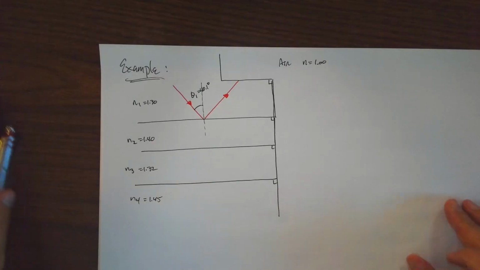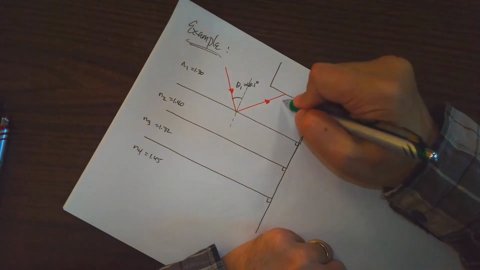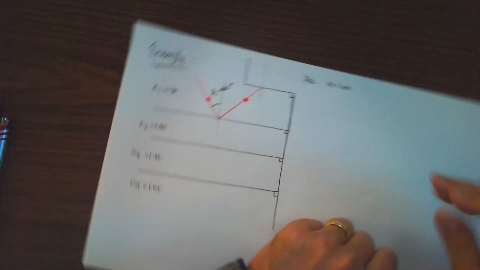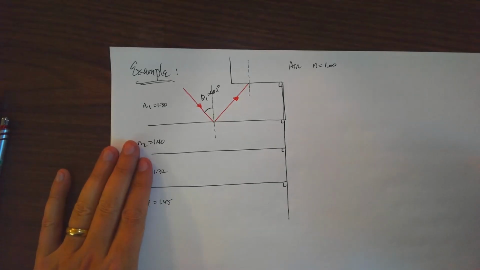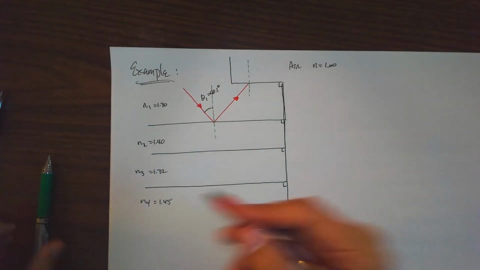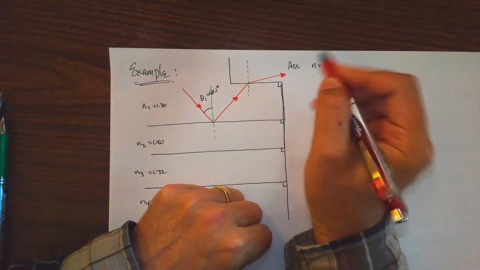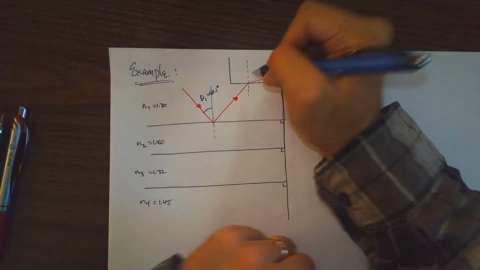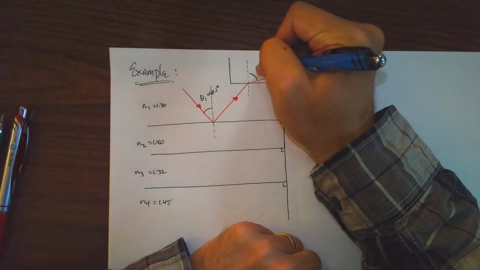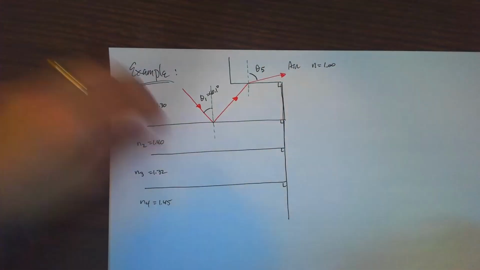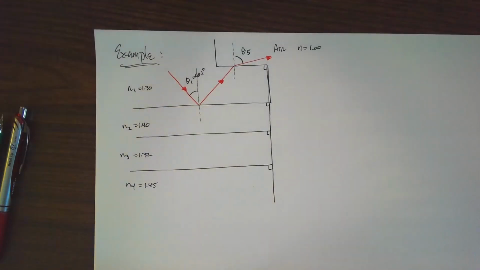Then it's going to hit that boundary with the air. Going to refract like this, and mark this one as theta 5. Okay.